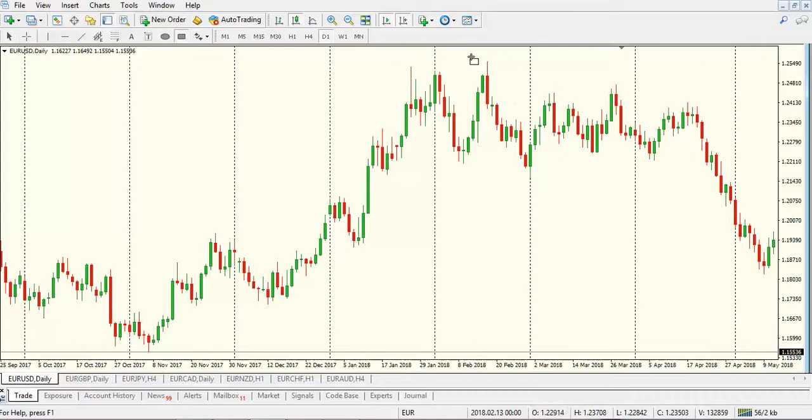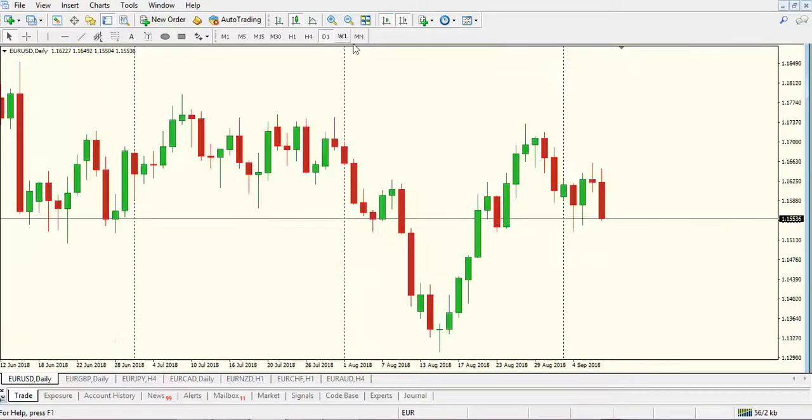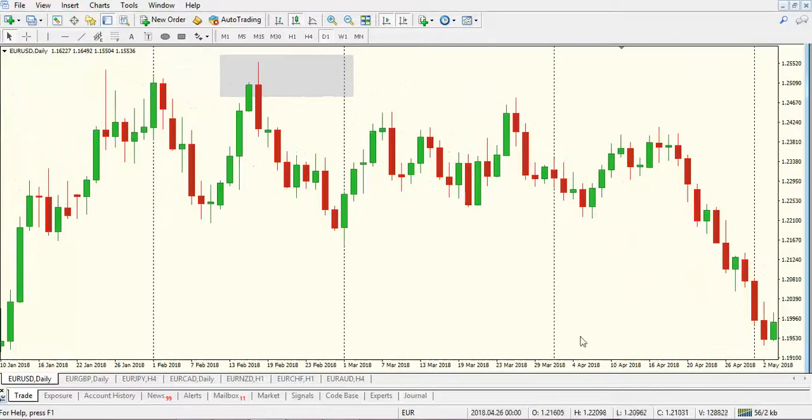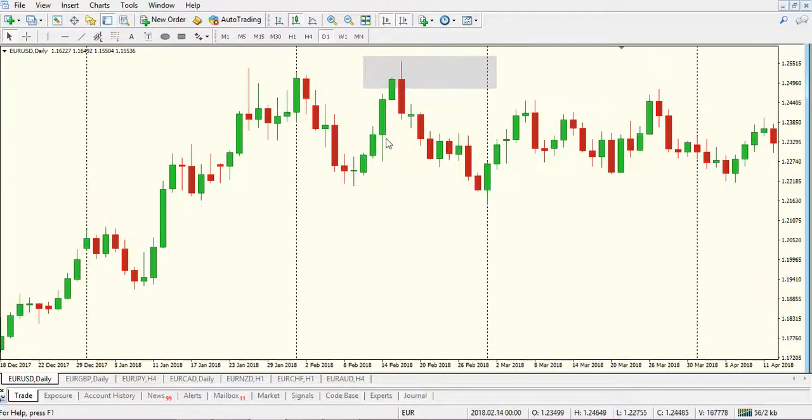So we have a fractal high here, because you have, let me increase this a bit, a left candle, a middle candle, and a right candle. I guess you remember this. The middle one is the high, so it's the fractal high, and you see that when the high was formed, we dropped all the way from there and came down.